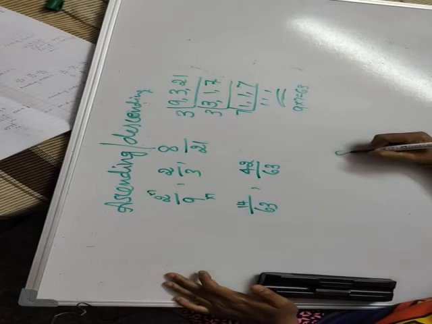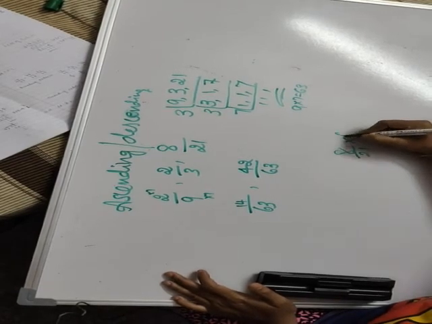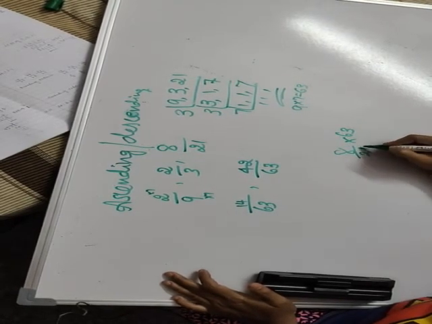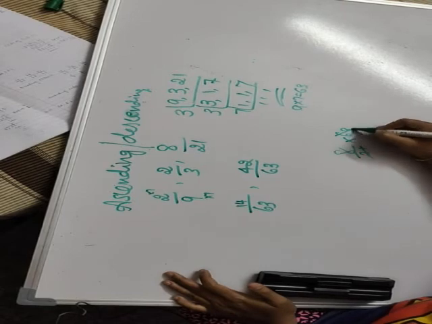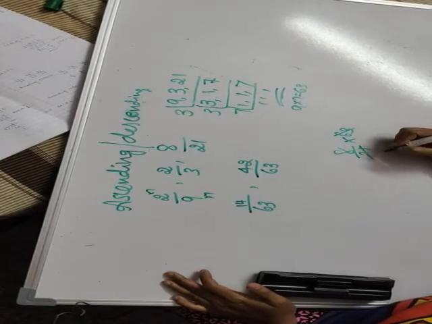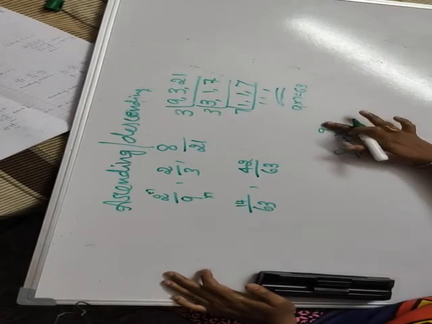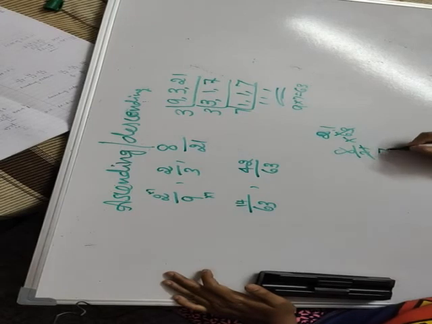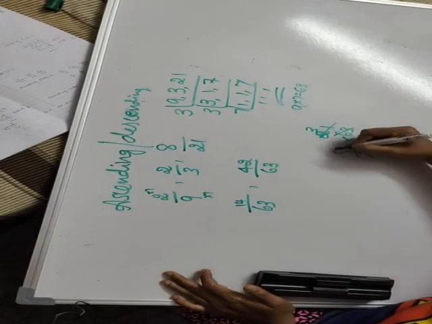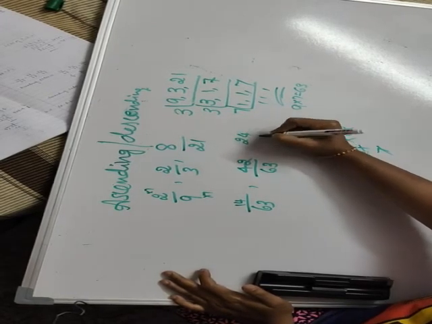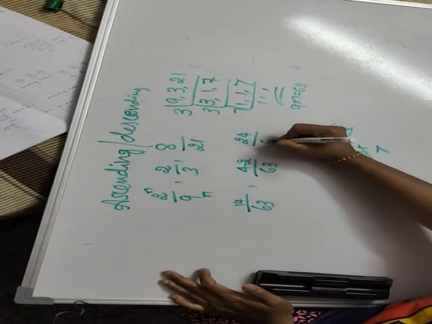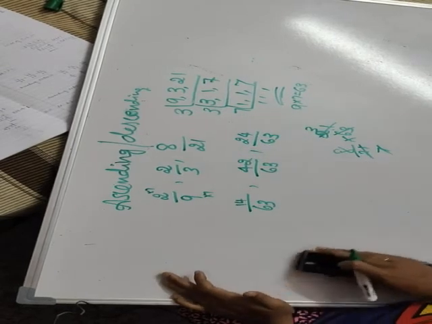Next, 8 by 21 into 63. 21 directly, if you don't know: 3 7s are 21, 3 21s are 63, so 8 3s are 24. Like this also you can do. Understood?